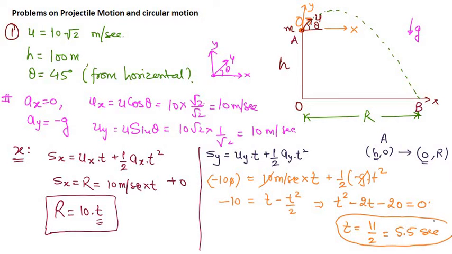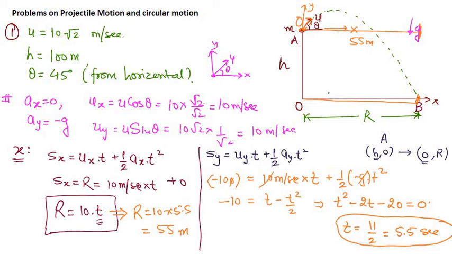This is a rough estimate, please check the calculation. And for the range, your range will be 10 into 5.5, approximately 55 meter from this origin. So this is your 55 meter from here to here.